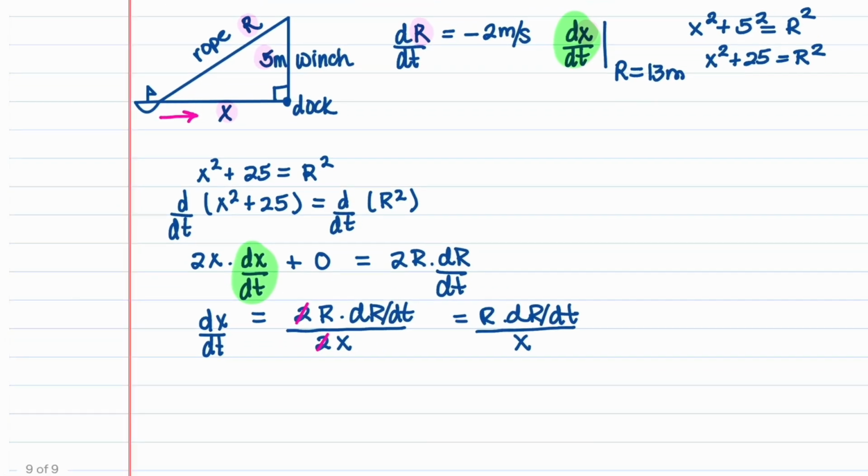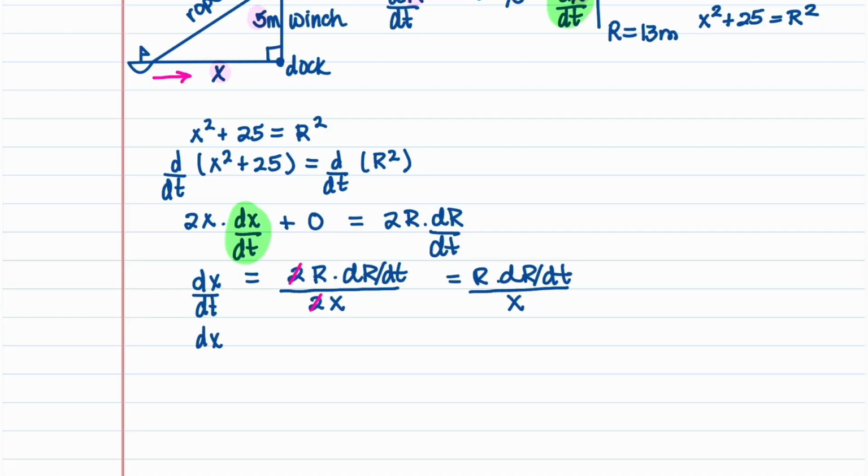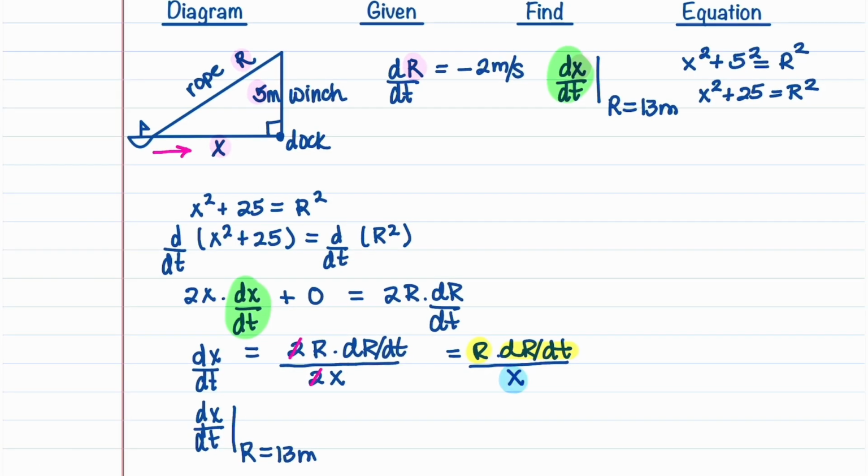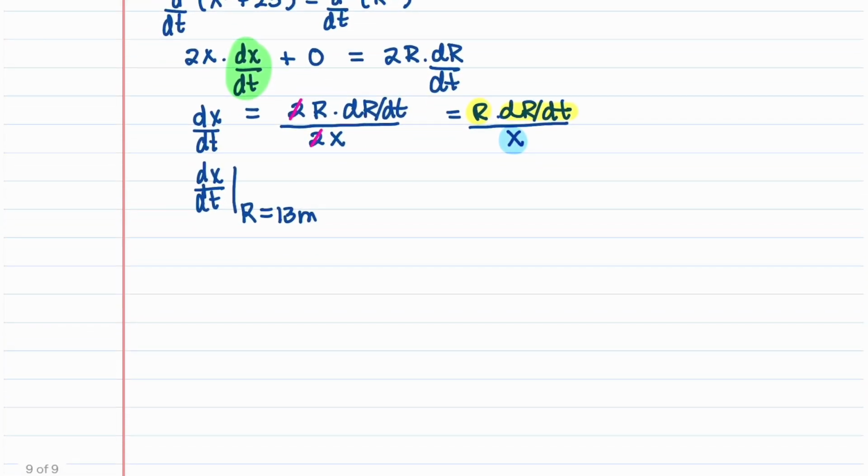We want to find dx/dt when r is equal to 13 meters. Notice up here in our equation that we can substitute in that r is 13. We are given dr/dt, however, we do not know what x is. So we are going to have to use our equation x squared plus 25 is equal to r squared to find what x is.